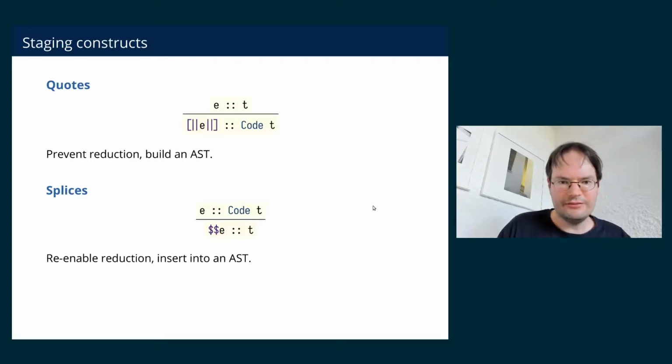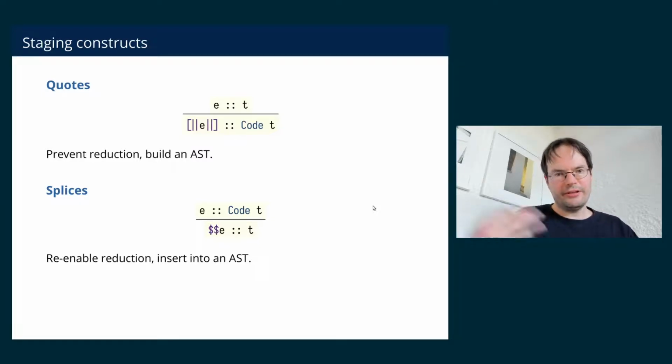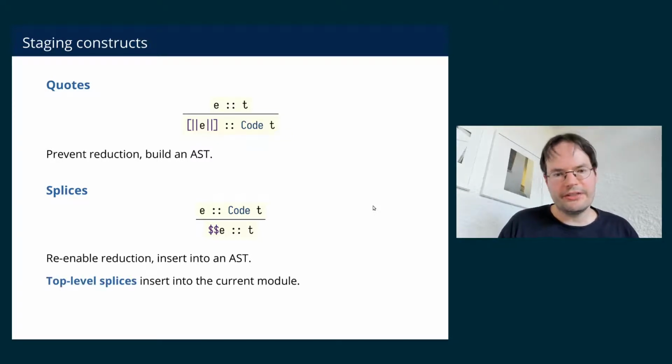So if you have such an AST of type code T, then you can splice it and turn it back into something of type T. And you can do that either within another quote to insert something into a larger AST, or you can do it at the top level to insert something into the current module.